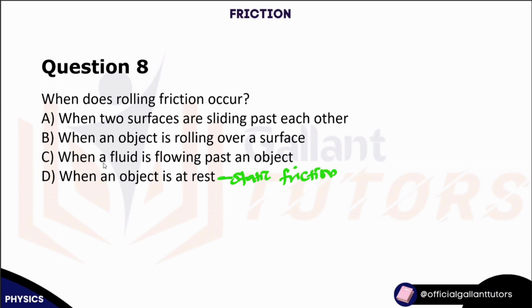Alright, so when a fluid is flowing past an object, this can be called, let's say, fluid friction. When an object is rolling, so they've given you the answer alone. I get it. So this is rolling friction here.